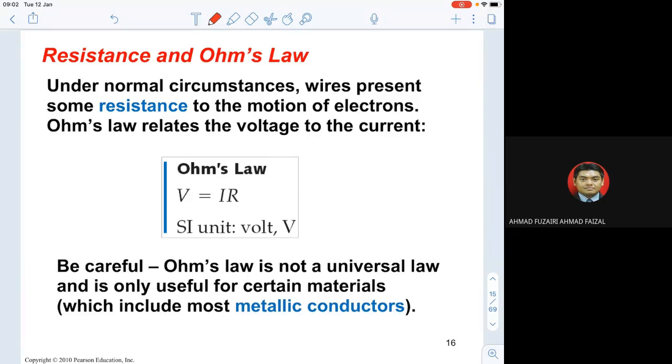In order for the current to move, it must have the flow of electrons. If the electrons don't move, then the current also cannot move. So that's why we need to have a resistance, because without resistance, there is no possibility of current to flow. So that's how it relates to the current and resistance.